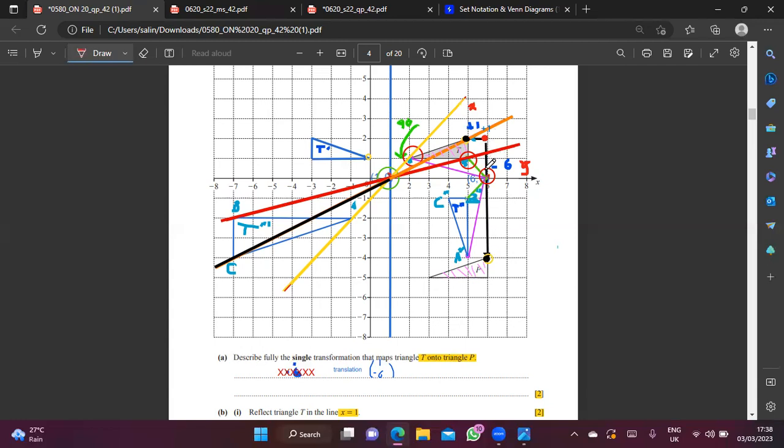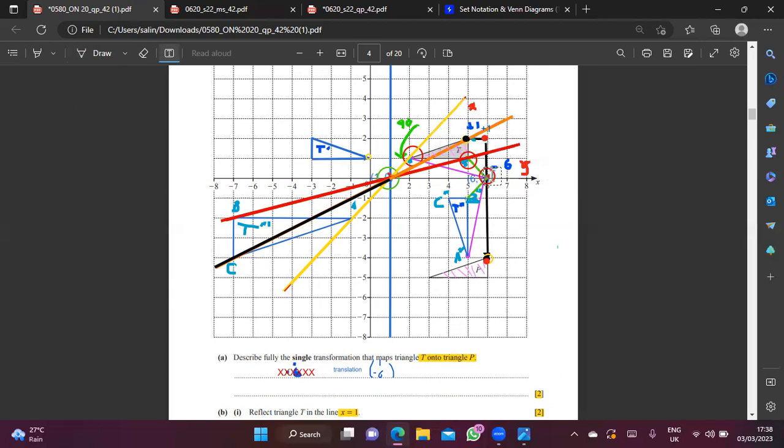So 1 step, 2, 3, 4, 5, 6. You end up here. So downwards is actually minus, yeah? So how do we describe it? It's a minus. How many steps? 6. So that's why I put a minus 6 there.